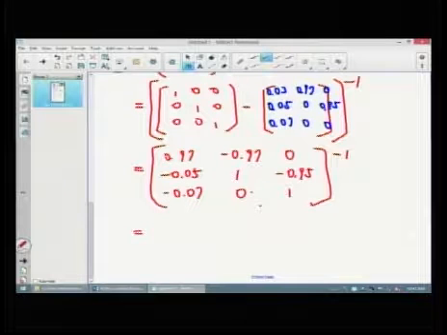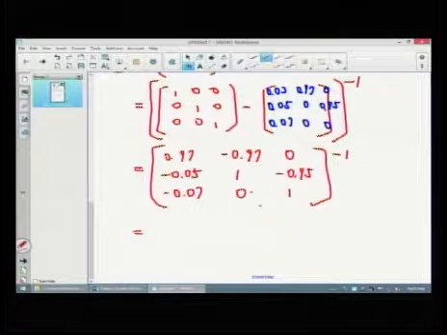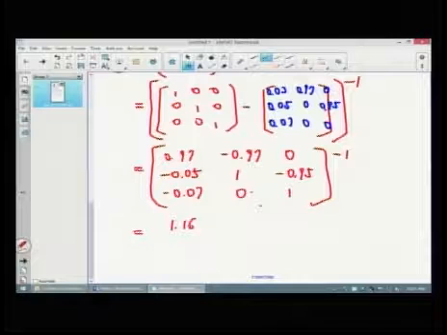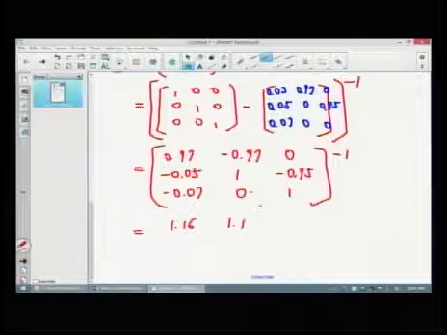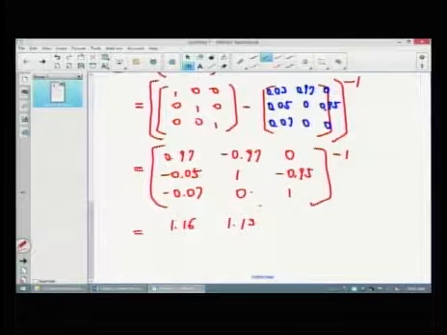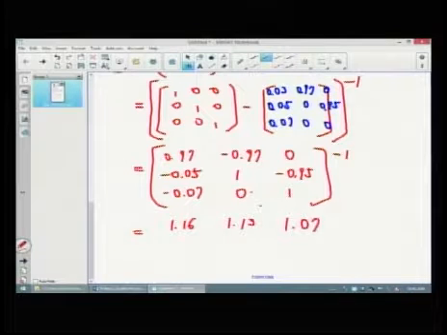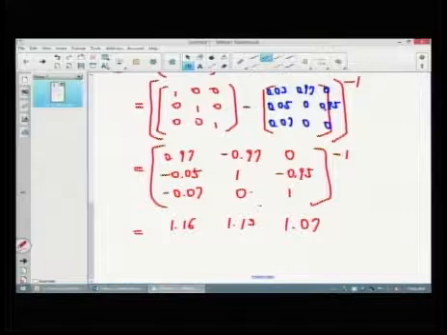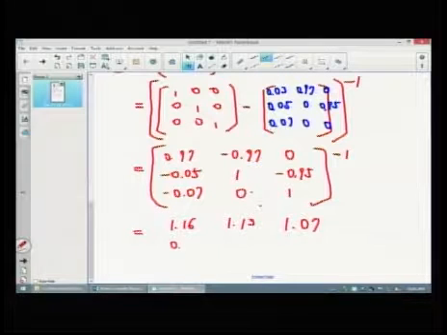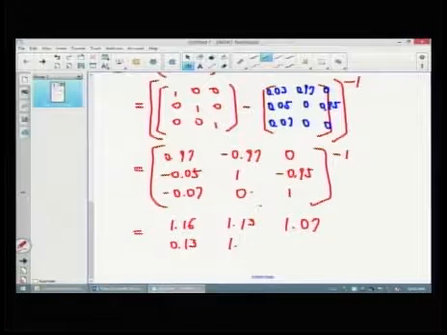So the first one is 1.16. 1.16. 1.13. Okay. 1.07. 0.13. 0.13. 1.13.